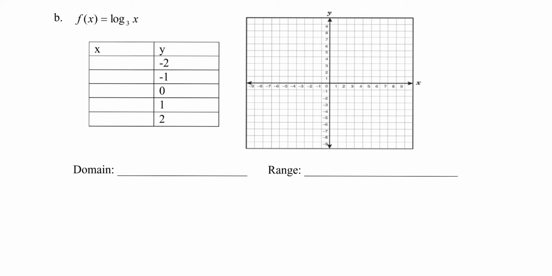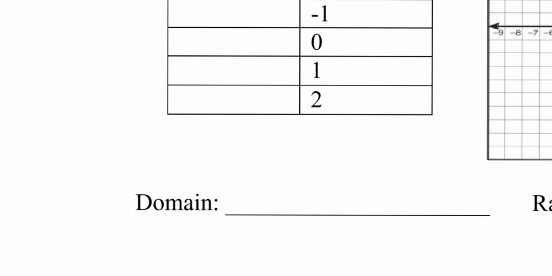Right here we're going to graph log 3 of x. So again, when we write it in exponential form, it would be 3 to the y power equals x. And we'll go ahead and plug in our y values. So we'll have 3 to the -2nd power, which again, we'll do the reciprocal.